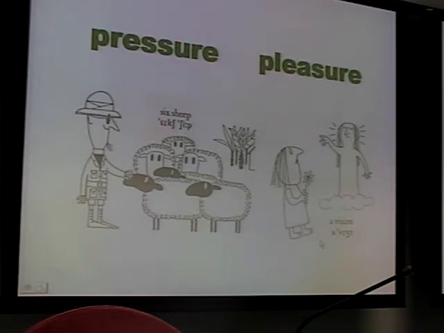So the distinction between "pressure" and "pleasure" must be made. The first one is "pressure," the second one is "pleasure." Although there is a difference, this one has R and this one has L, the rest of the word is the same.